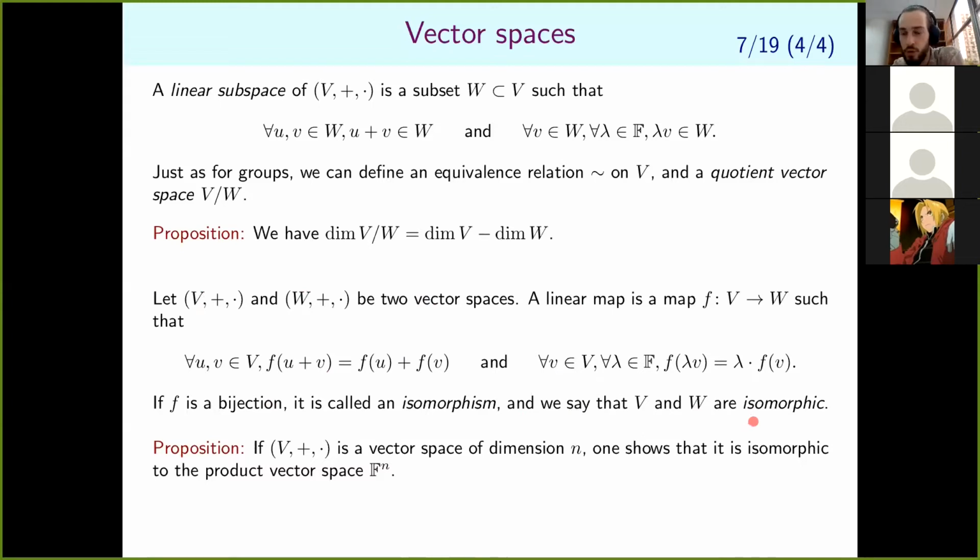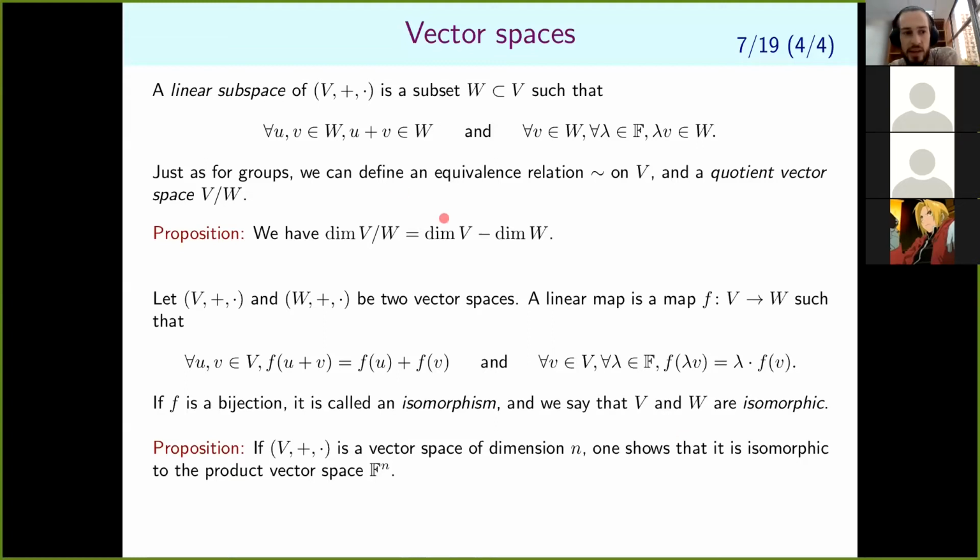And the proposition here is that if a vector space has dimension n, if you can find a basis with n elements, then your vector space is isomorphic to the product vector space F to the n. So basically, when we talk about vector spaces, we are much more interested in the isomorphism class of vector spaces.